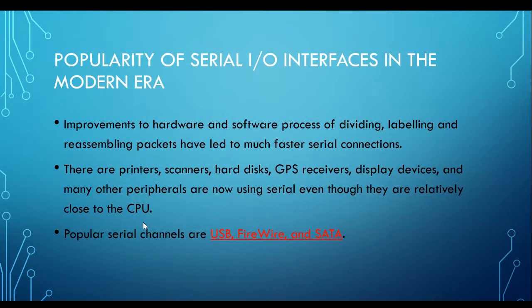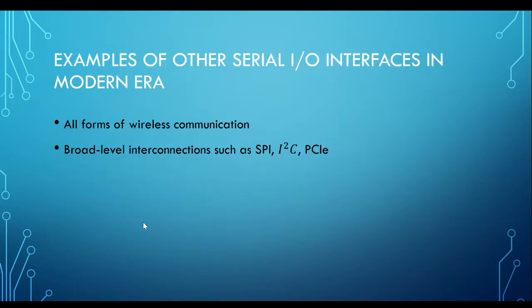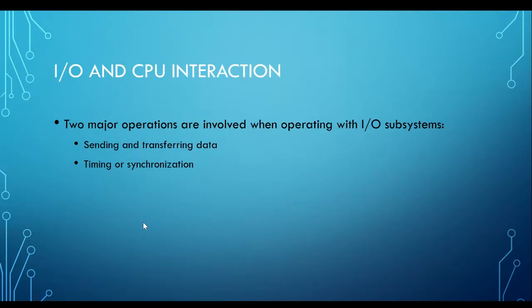Serial interface has also evolved: USB, FireWire, SATA. Anything to do with a two-wire communication system is a form of serial communication. So it has evolved into SPI, I2C, PCIe. All these are basically versions of serial communication.